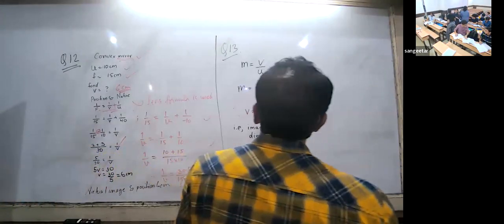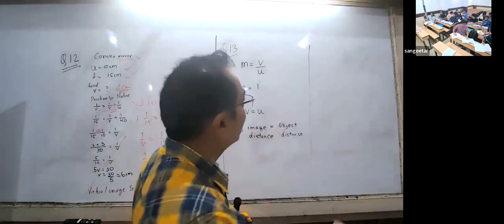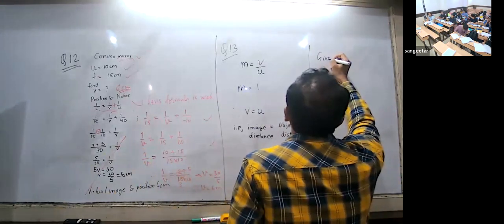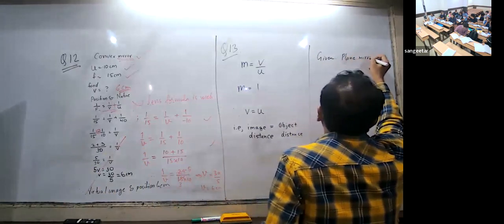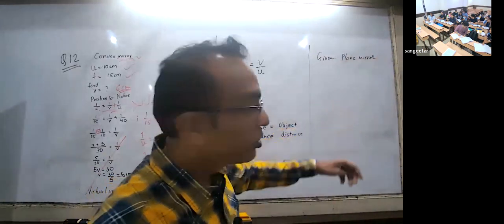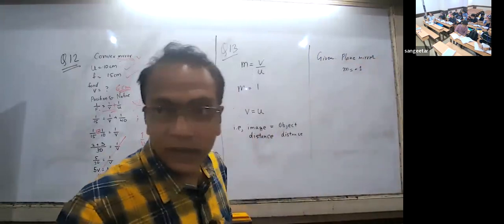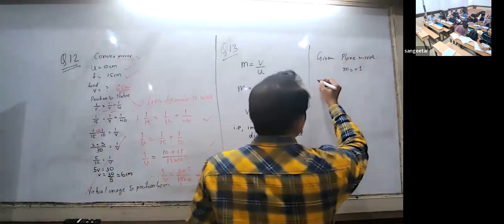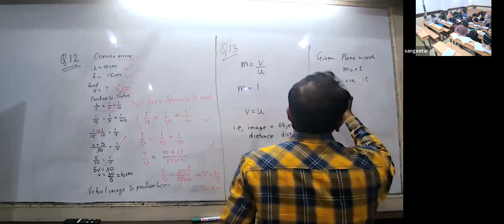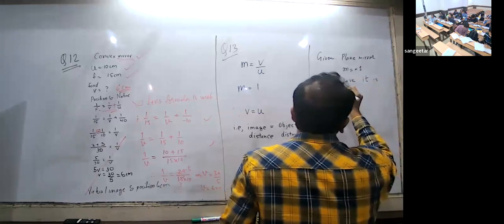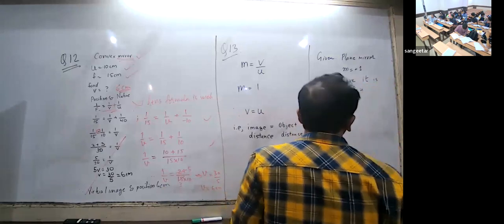Okay, what it means is, देखो what you should have written. What is to be written? Given: plane mirror, right? See, if I would solve like this, and m is equal to +1, right? So what will you explain? Since m is positive, it is virtual image, virtual and upright or erect image.